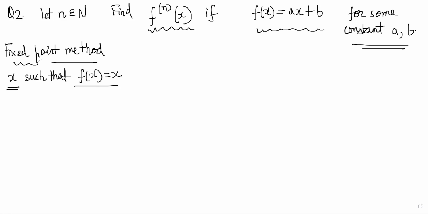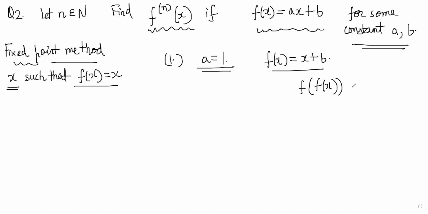So let's try to figure out the composition here. First of all, we look at the case where a is equal to 1. If a is equal to 1, the function looks like this: f(x) is x plus b, right? And if you just think about it, f(f(x)) becomes f(x) plus b, and that becomes x plus b plus b, so that becomes x plus 2b.